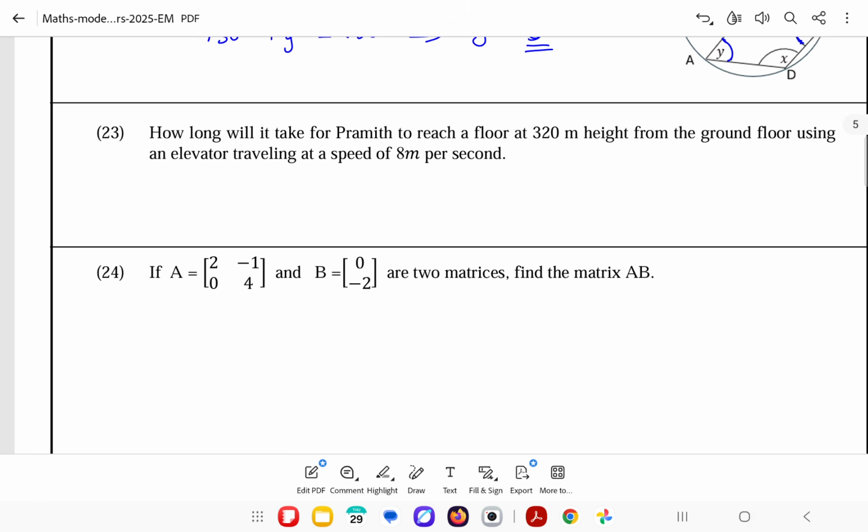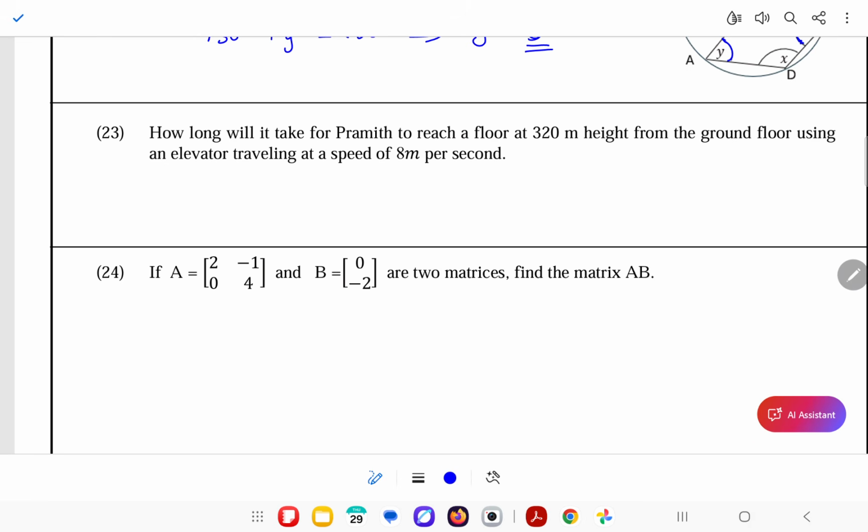Okay. Then 23. How long will it take for Pramit to reach a floor at 320 meter height from the ground floor using an elevator traveling at a speed of 8 meters per second? Right. So what is our formula?